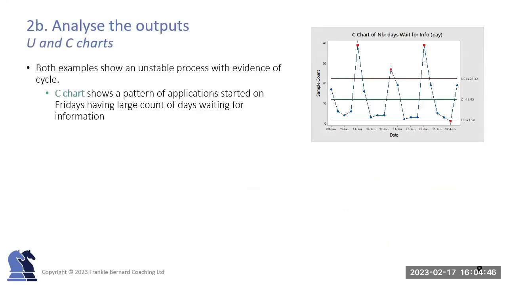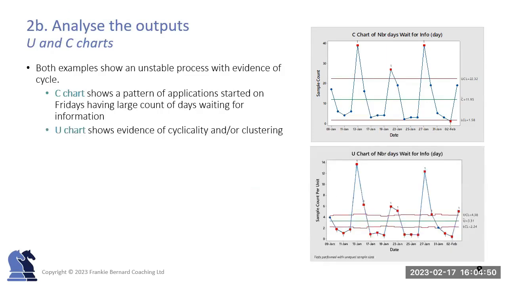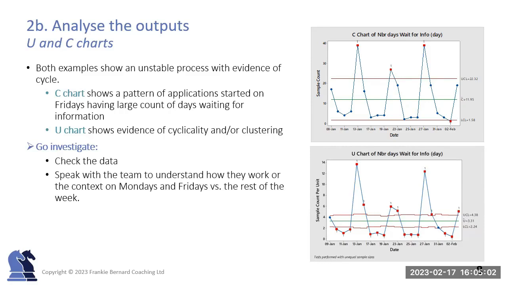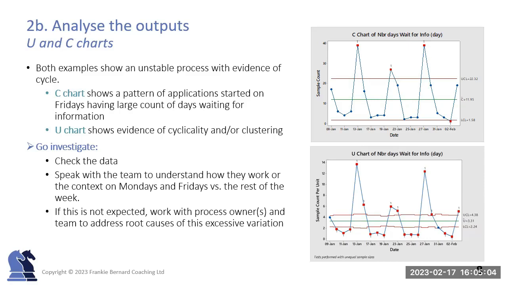And again, for the U and the C chart, making sure you identify not only the signal that Minitab tells you, but also show the evidence of cyclicality and telling your process owner there's clearly something going on certain days repeatedly. So the key message is go investigate, check your data, speak with the team, see what's happening, relate to actual dates, which is why it's so important to keep record of the date of data collection, so to put it in the actual context.